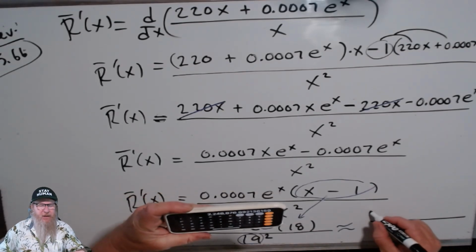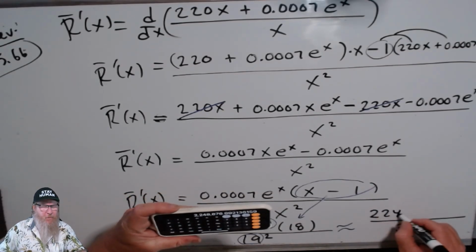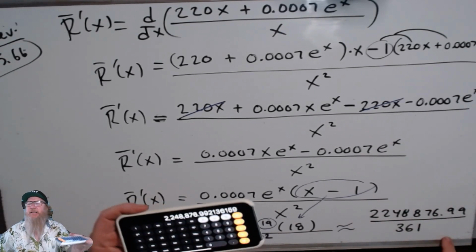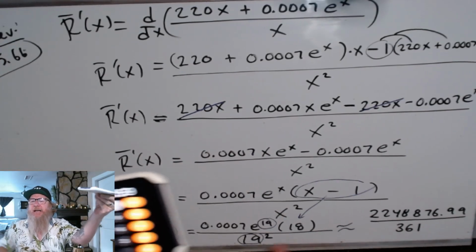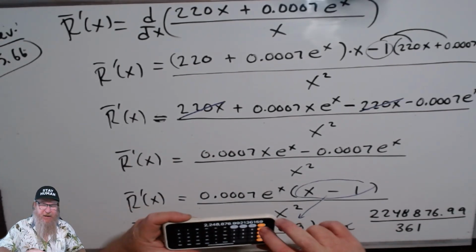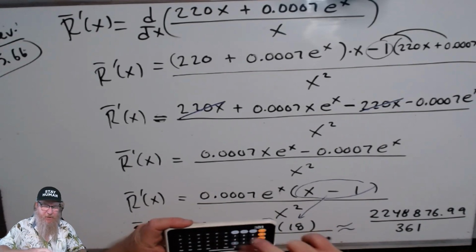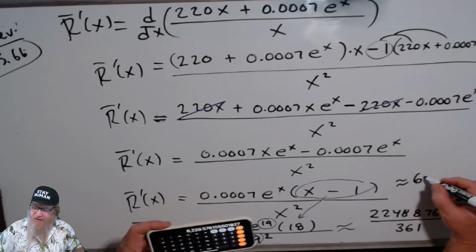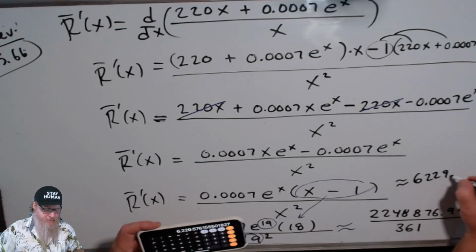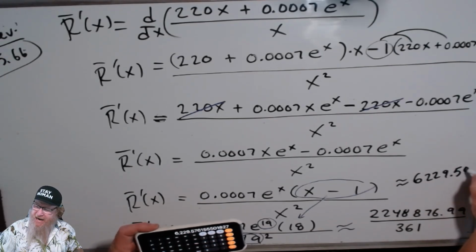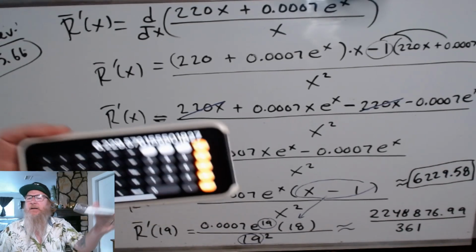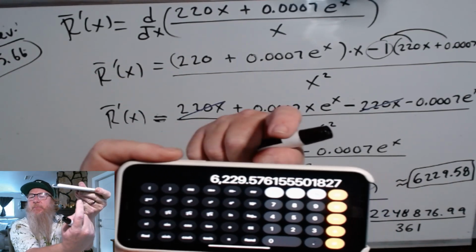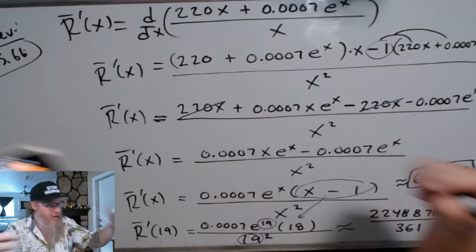So you have this big number, 2,248,876.99. Don't forget, you have to divide it by 19 squared. So divide that by 361. And you get approximately, it's a very similar number, 58 cents. 0.576. I'm rounding to 0.58.